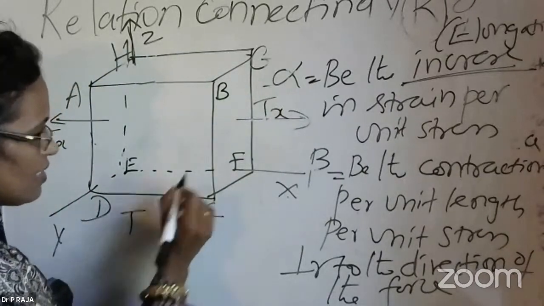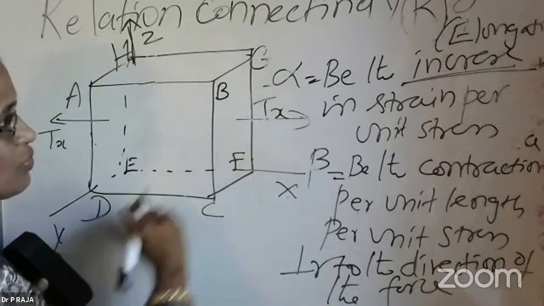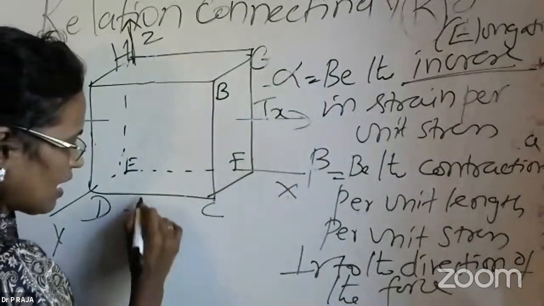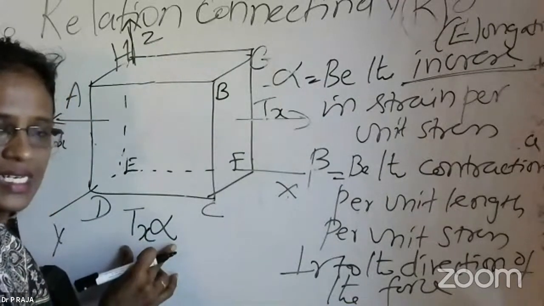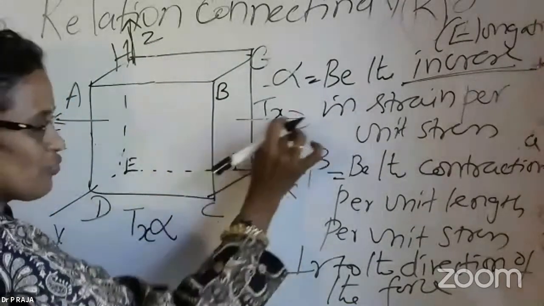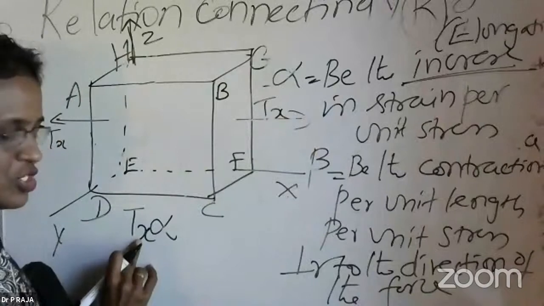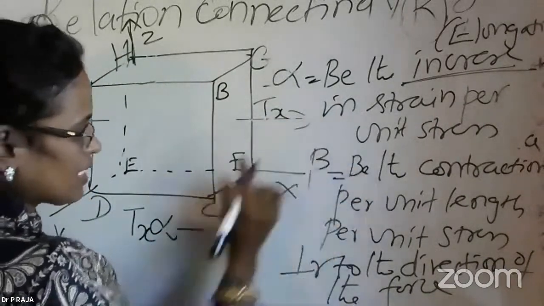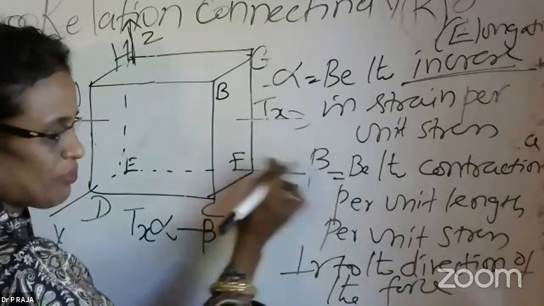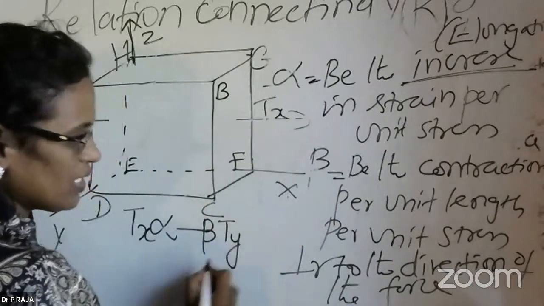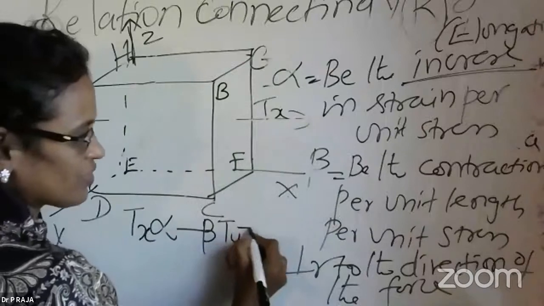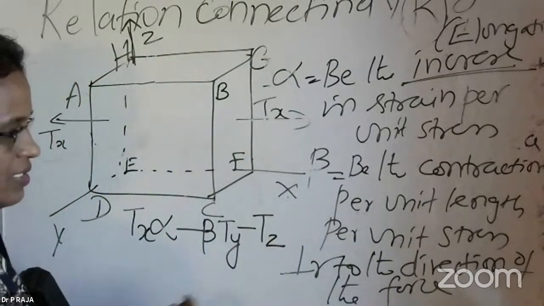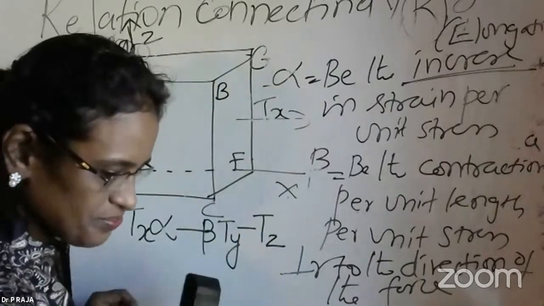The first equation: if there is an elongation along the direction of Tx, alpha has to be multiplied with Tx, minus beta contraction along Ty and beta contraction along Tz.